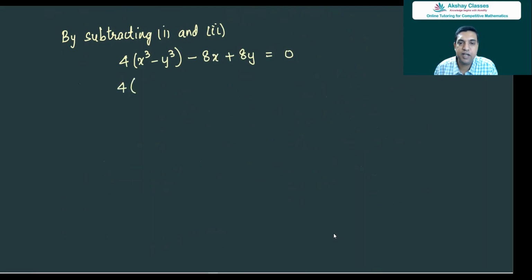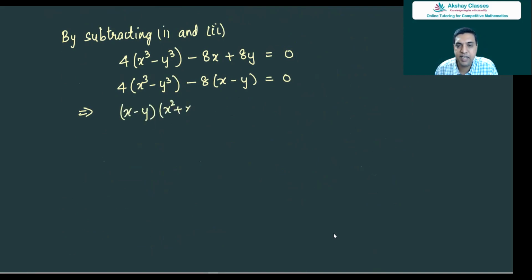So 4 times x cube minus y cube minus 8 times x minus y equal to 0. The 4 cancels twice, then we have x minus y times x square plus xy plus y square minus twice of x minus y equal to 0.